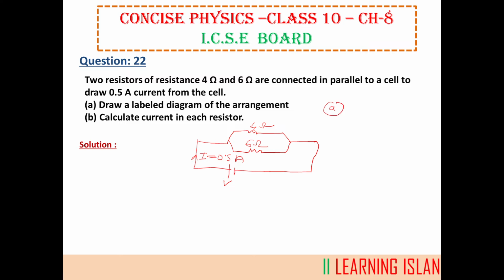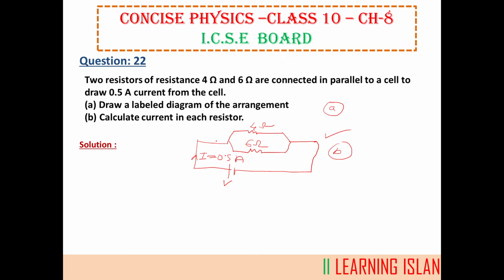Now in A, draw a labelled diagram of the arrangement. So A is done. Now portion B, calculate the current in each resistor. We have to find out the current in each resistor.